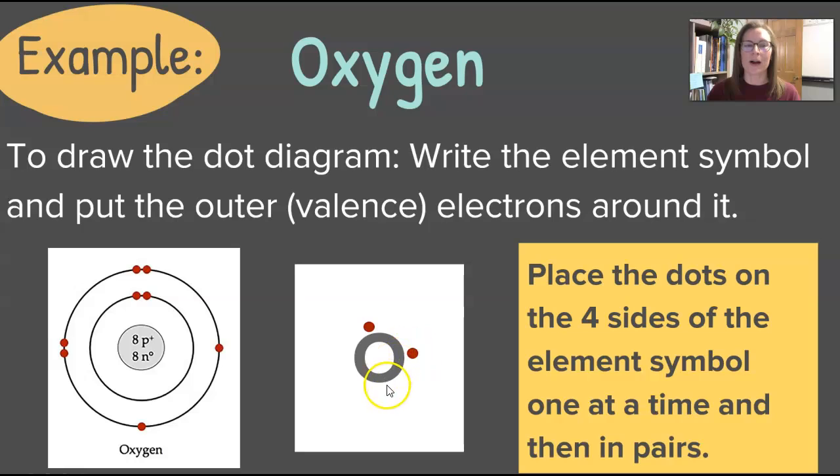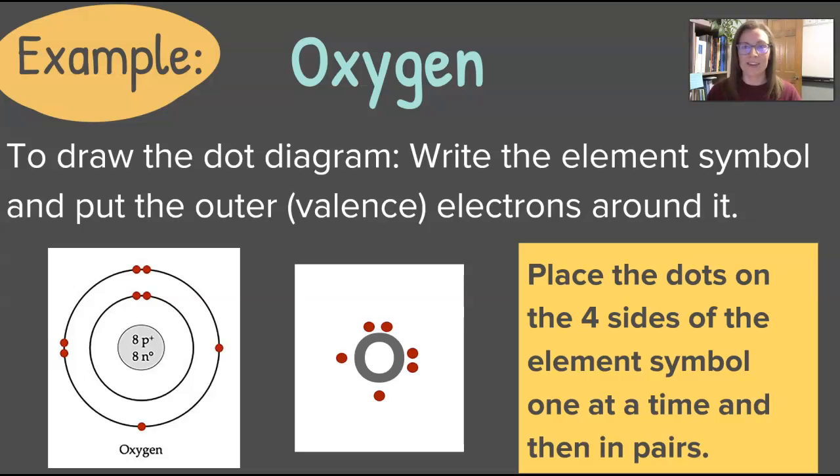We're going to go around 1 time before we start adding pairs. So now I have 1, 2, 3, 4. I need 2 more. And that is all there is to it. That is my electron dot diagram for oxygen.